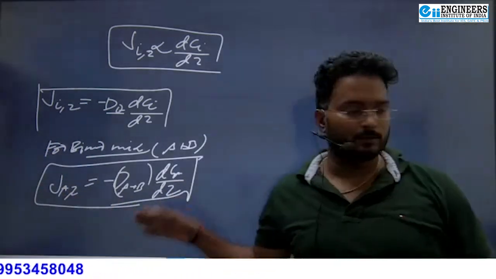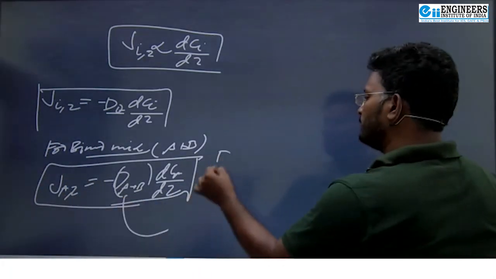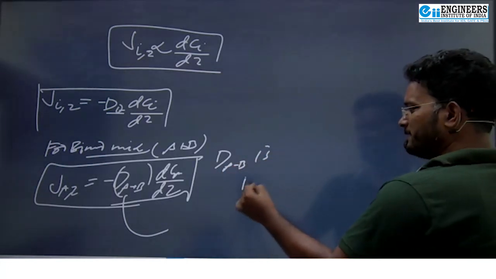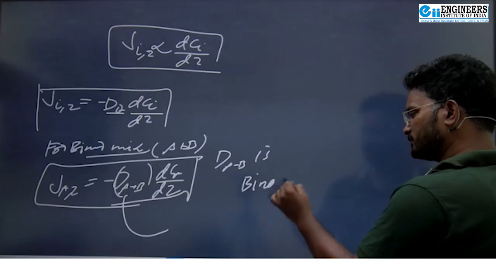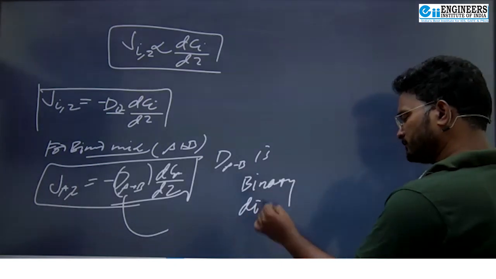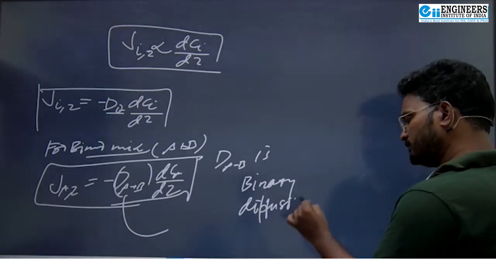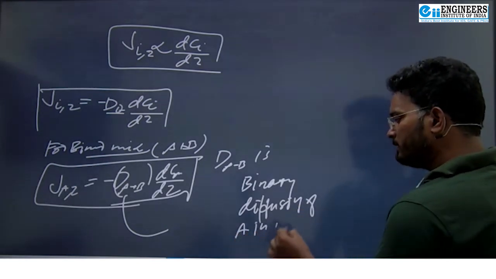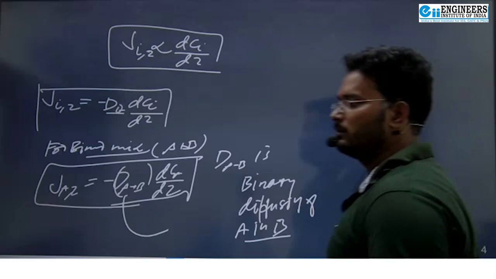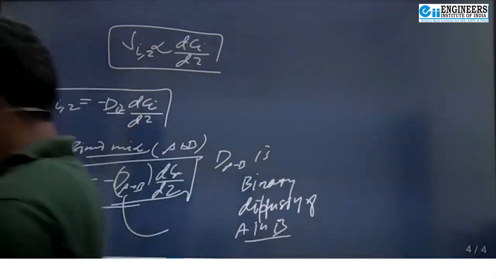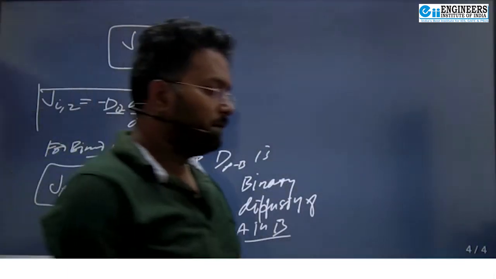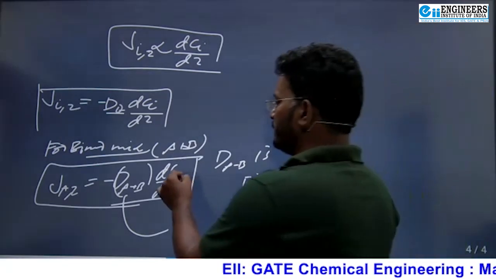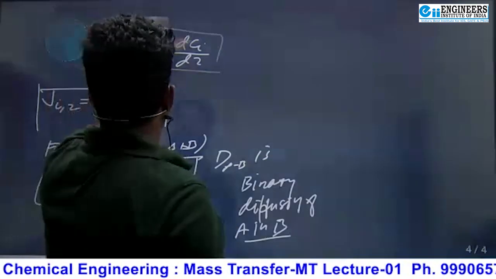Okay, please write: D_AB is called the binary diffusivity of A in B, and every diffusivity has units of meter square per second. Am I right? Any problem?